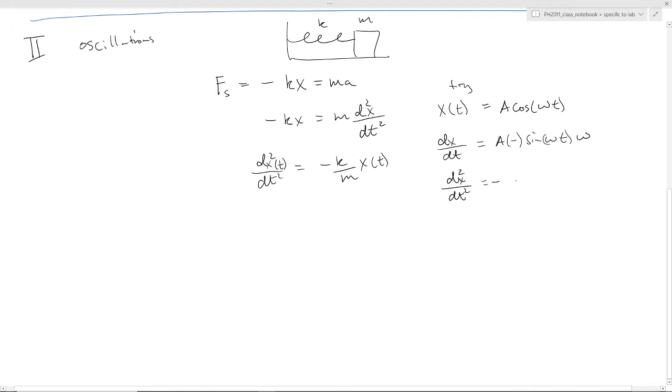We would keep our negative sign, we would keep a, this sine would become cosine again, and we would pick up another factor of omega. So in other words, this would be negative omega squared a cosine omega t. So notice this function works. We recover the function. Here's our x again. And what this also means is that omega squared has to equal k over m.